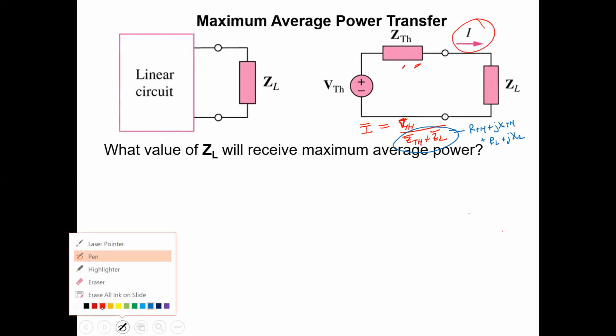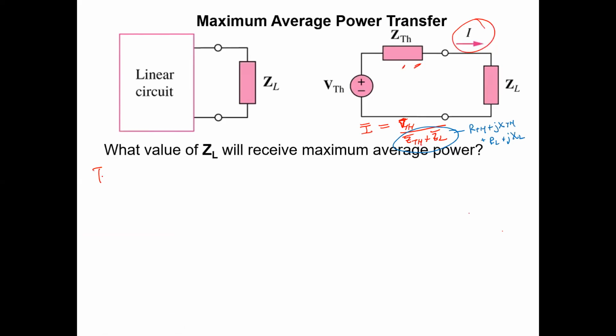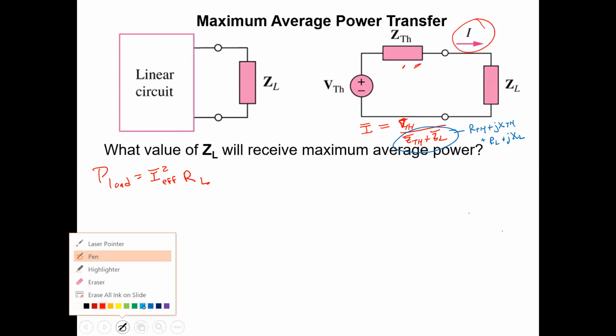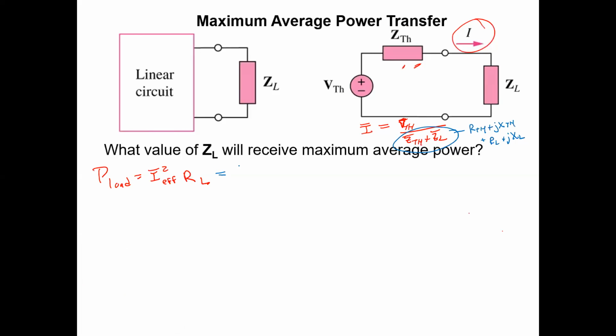The power to the load is going to be I squared effective times RL, which, if you didn't have it in effective form, if you just had it in magnitude, would be 1/2 I bar squared RL.